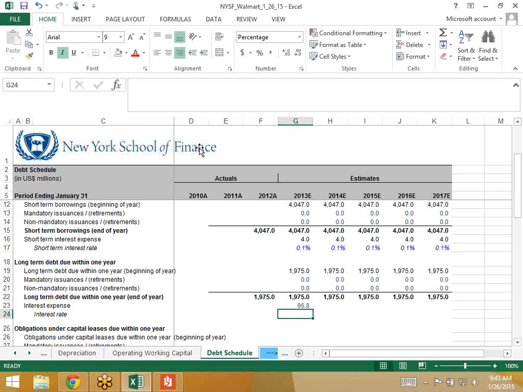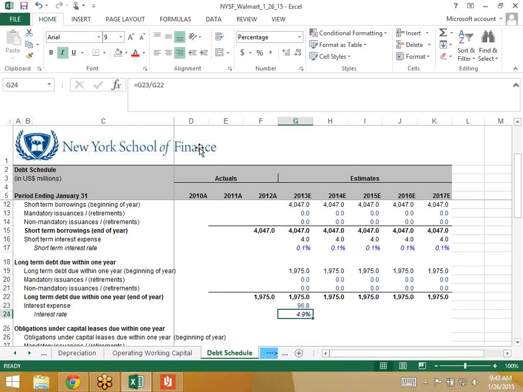That gave me 96.8. So the interest based on that 1975, those two rates, is 96.8. And you can divide to get the implied rate, which is 4.9%.